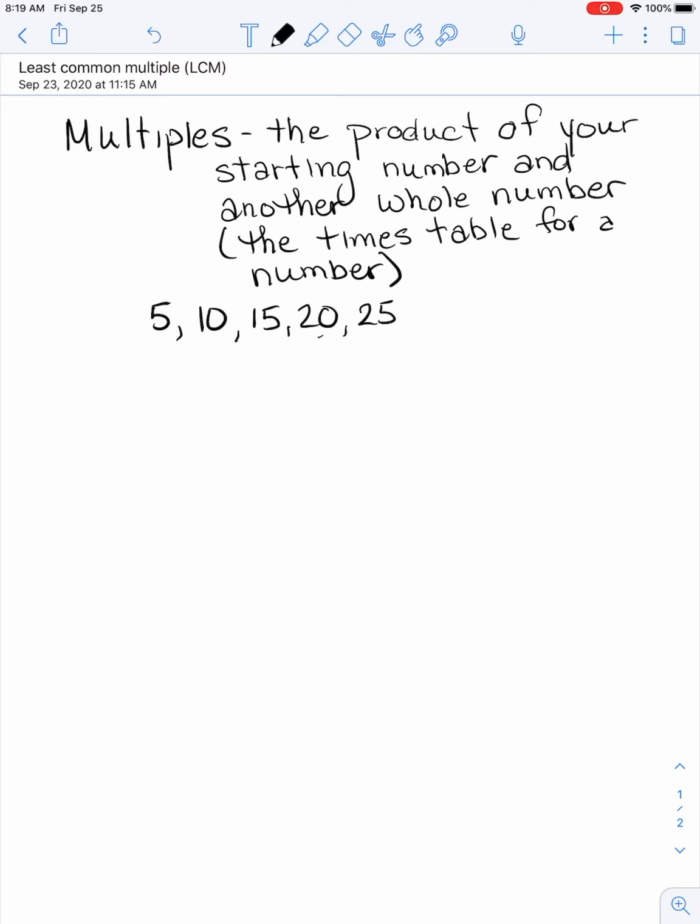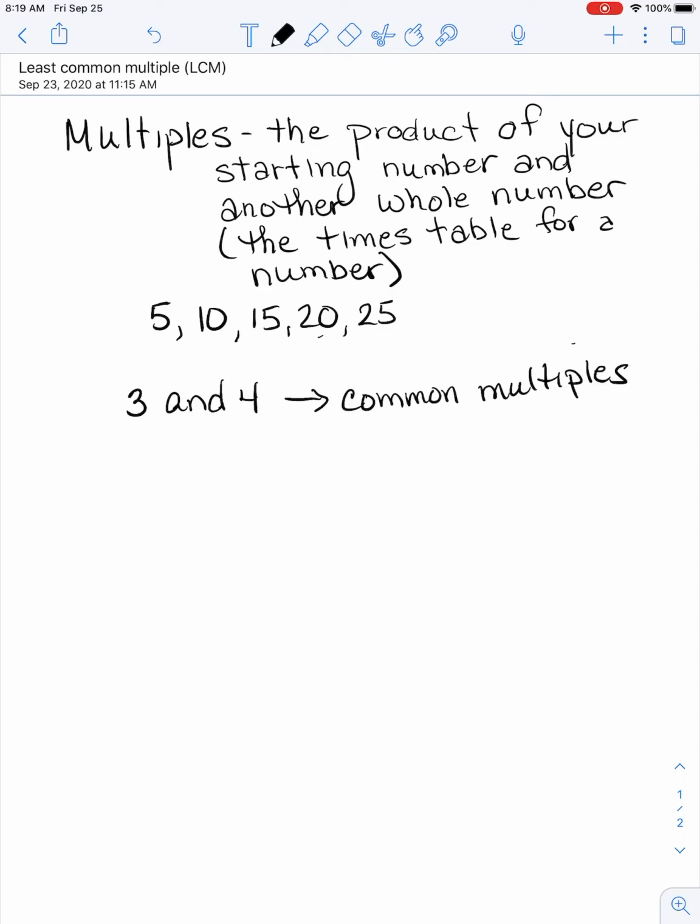Now, if we want to think about common multiples, if I said to you, what are the common multiples of, let's say, 3 and 4? We want common multiples.